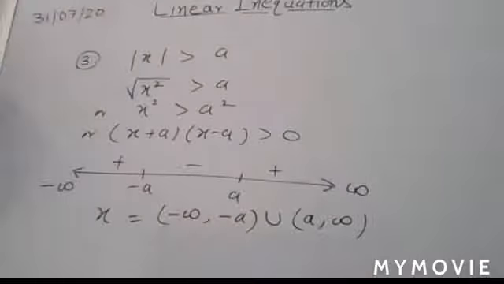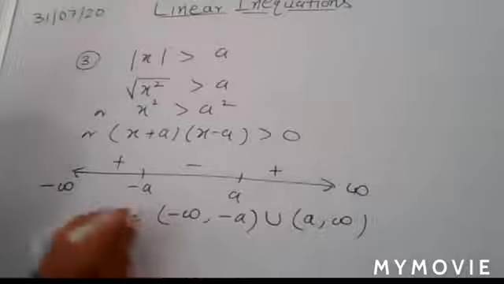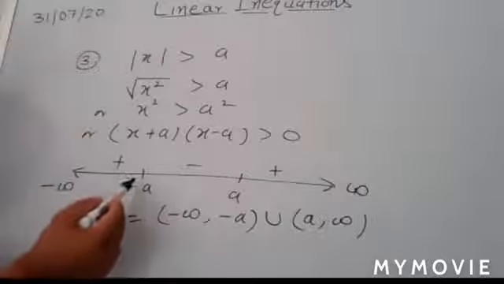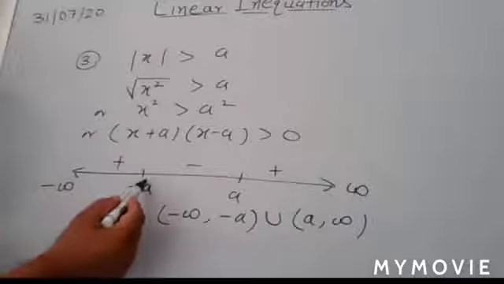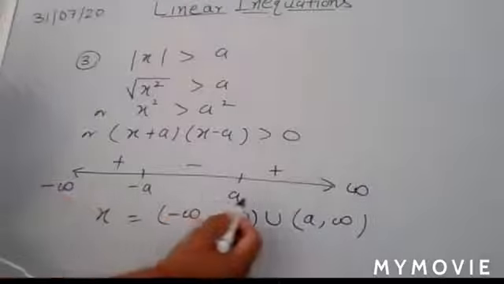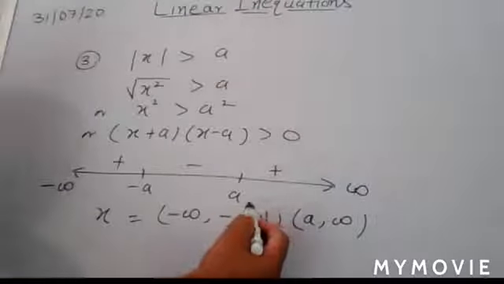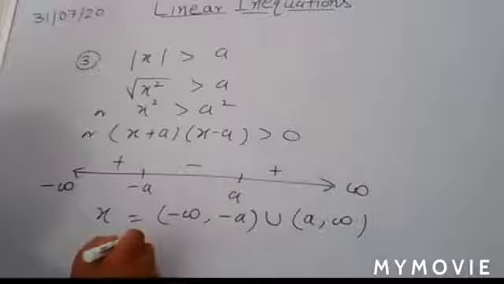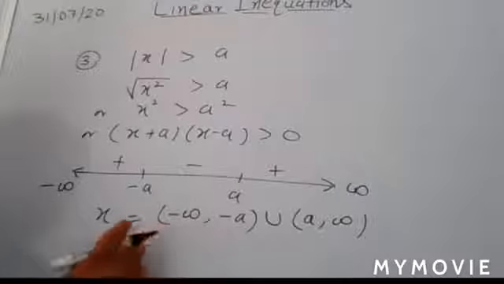You write in this way. And the same result can also be written as, suppose you are saying that x belongs to minus infinite to minus a, so what does it mean? Your values of x is less than minus a, and here you have x is greater than a. So that can be written in this way also.